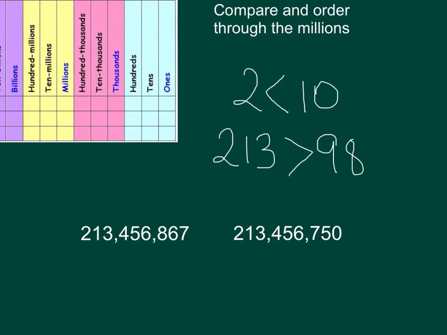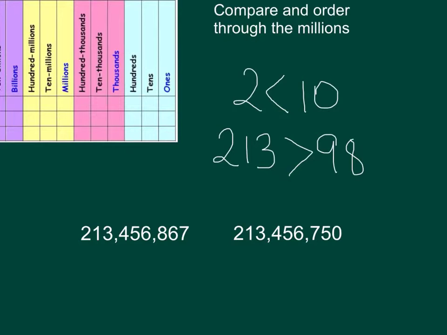That may be a few too many digits for us to work with, but this can be done. First thing you want to do is start with counting the digits. Do they both have the same amount of digits? That's 1, 2, 3, 4, 5, 6, 7, 8, 9. They both have 9 digits.